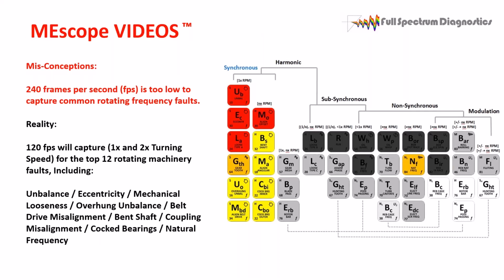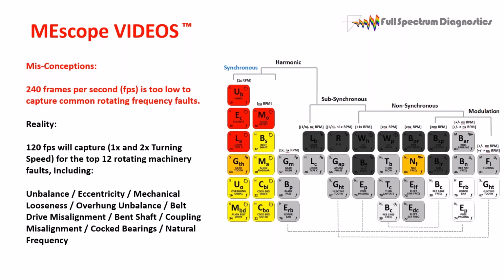Okay, the misconception is that on these cell phones, there's a slow motion mode inside the video area, and its frame rate is 240 frames per second, FPS. The misconception is that this is too low to capture common rotating machinery faults.